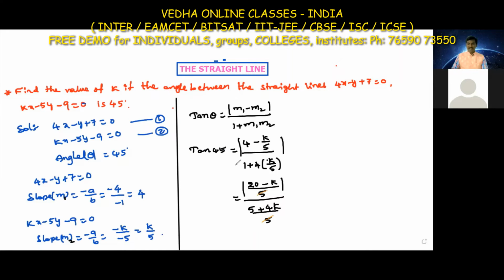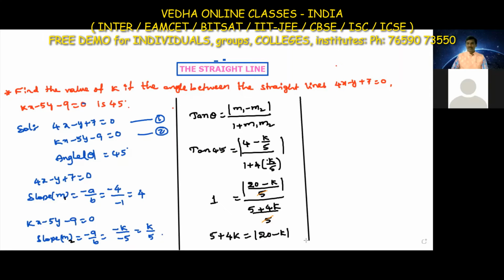Now tan 45 value is equal to 1, so 5 plus 4k into 1 is 5 plus 4k, and the modulus of 20 minus k, written as it is.